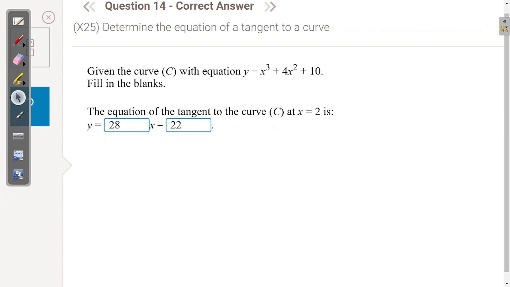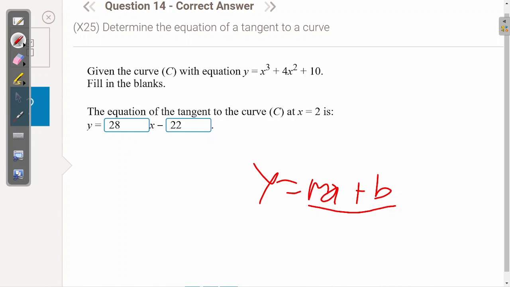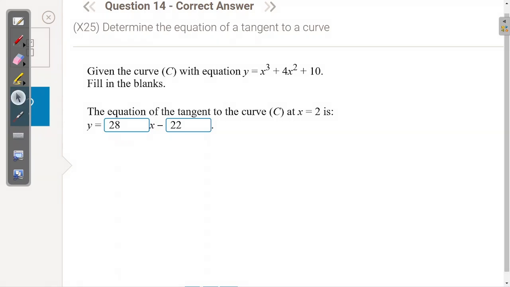To find the equation of a line, you would need the slope. Normally you need the slope and the y-intercept, right? So first of all, the easy part, how do you get the slope from a curve? You do the derivative. So first let's do the derivative, then we'll see what you can do for the y-intercept.